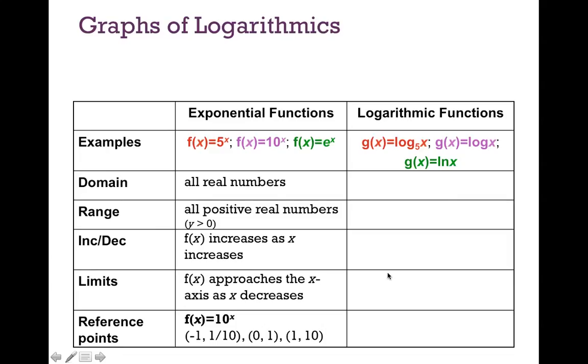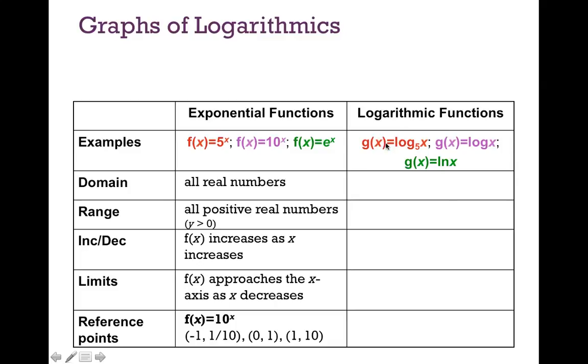All right, so let's make some comparisons here. Let's take what we already know about exponential functions and see how those things turn out for logarithmic functions. I've listed 3 different exponential functions here as possible examples: 5 to the x, 10 to the x, and e to the x.